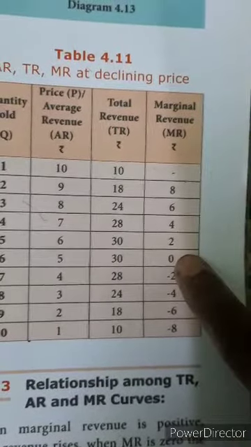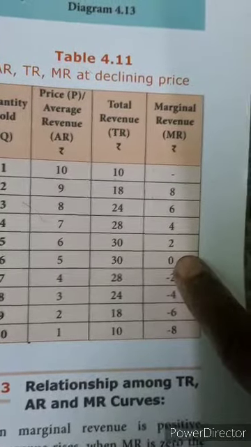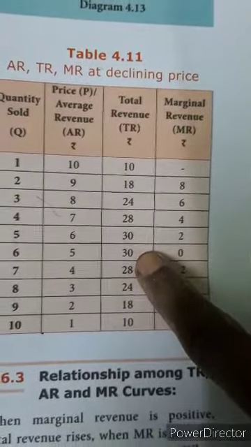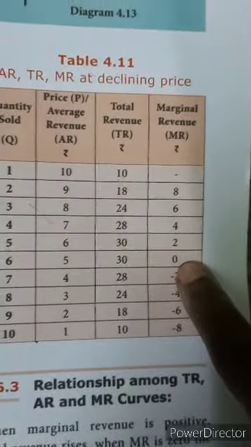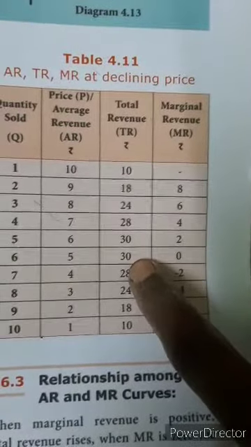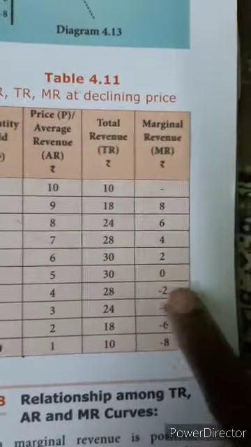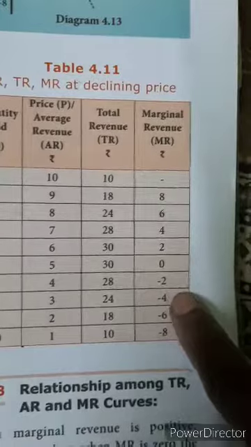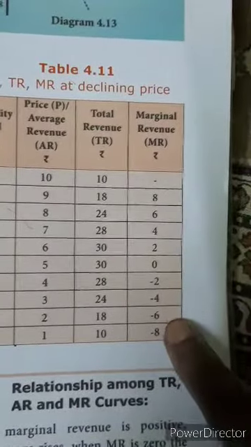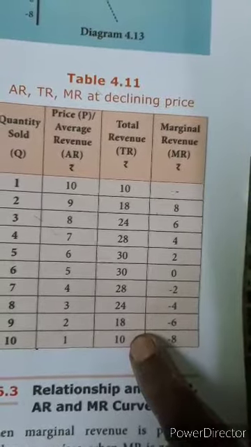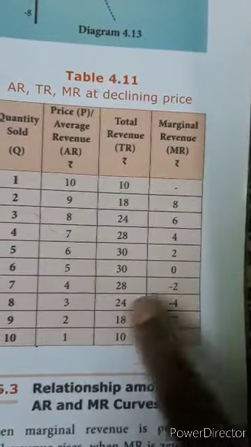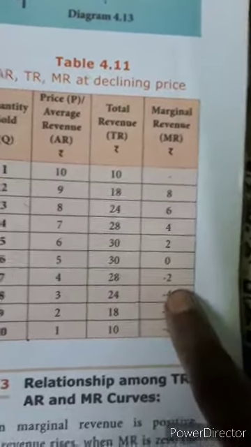When the marginal revenue is 0, the total revenue is maximum. 30 is the maximum point, isn't it? So when the marginal revenue is 0, the total revenue is maximum. When the marginal revenue is negative, -2, -4, -6, total revenue started declining. So this is the relationship between total revenue and the marginal revenue.